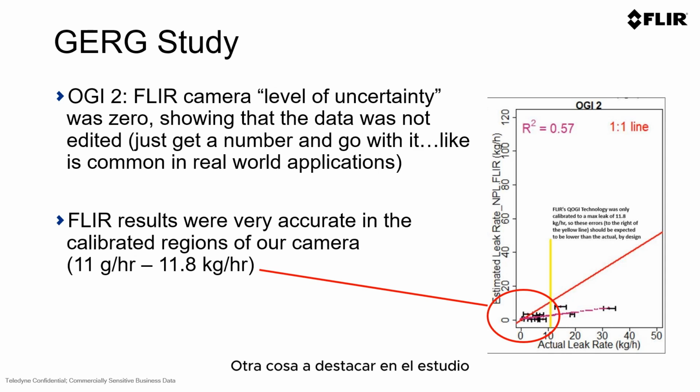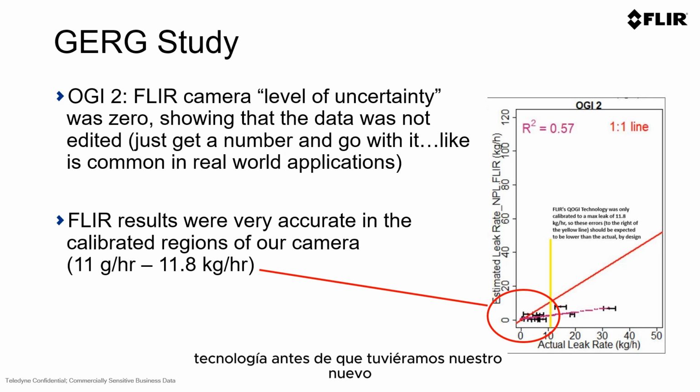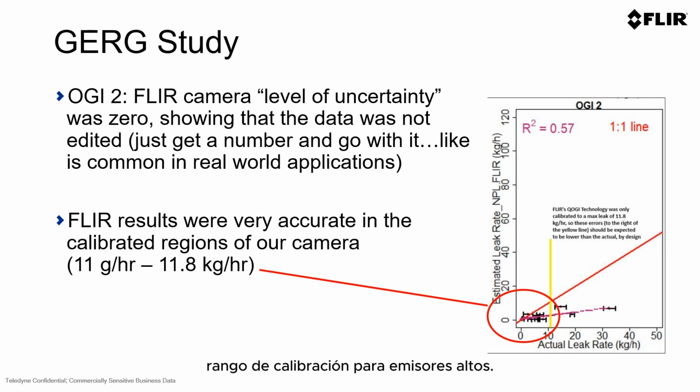Another thing to point out in the study is that the majority of the emissions where we had a high percentage of error were outside of our calibration range of 11.8 kilograms per hour. This study was performed with the technology before we had our new high emitter calibration range.